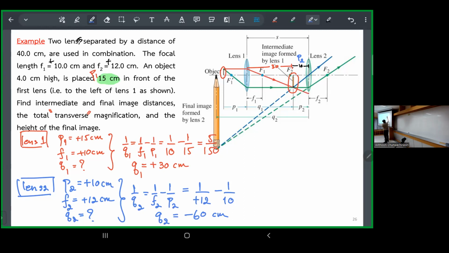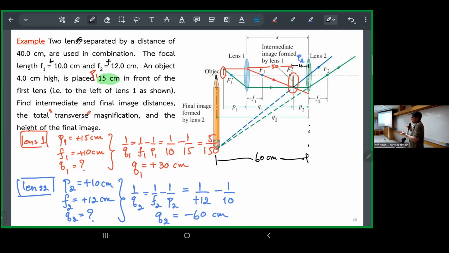Look at the second lens here. It's negative. So now the image has to appear 60 centimeter in front of lens number 2. With me? All right. So that means that number 60 will give you this distance right here. That is 60. There you go.